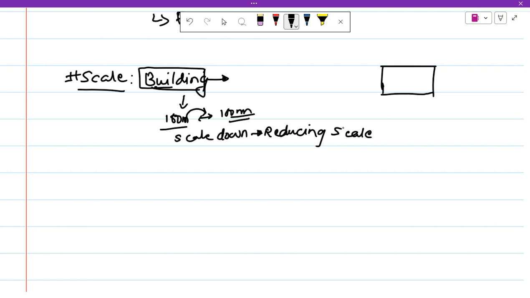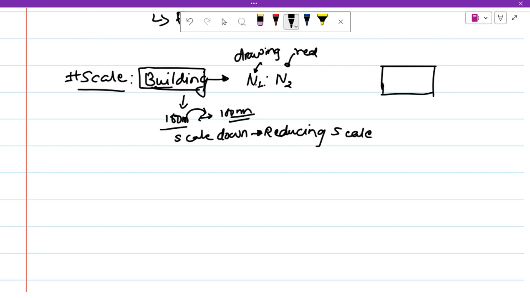The standard convention of scaling is we have one number here and one number there, like 1 is to 2. The first number represents the scale of the drawing sheet. The second number represents the scale of the real system.